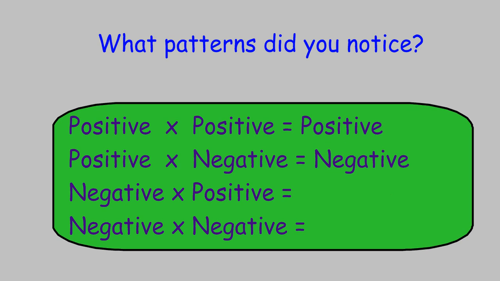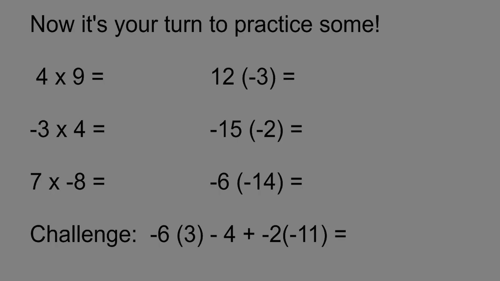What if you multiplied a negative times a positive? Did the order make a difference? No, it did not, because we have that commutative property of multiplication. And finally, when you multiplied 2 negative values, you ended up getting a positive. After you get done writing that down, let's do some more practice and see how you do.